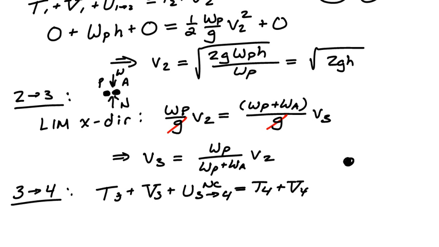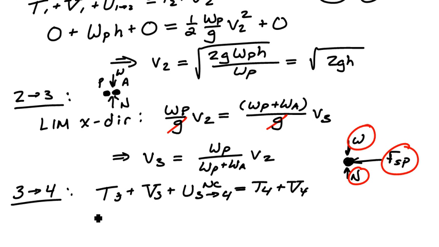If I draw a free body diagram of the system here, here's our two particles stuck together. We'll still have a normal force acting up, we'll have a total weight acting down, and now we'll have some spring force acting here. We know the weight and normal force are not going to contribute in this case because they're going to balance each other out, and so the spring force is all I need to be worried about, and that of course will appear in my potential energy.